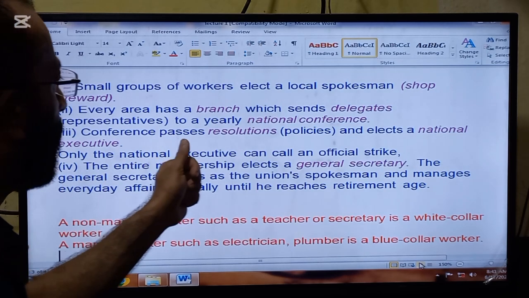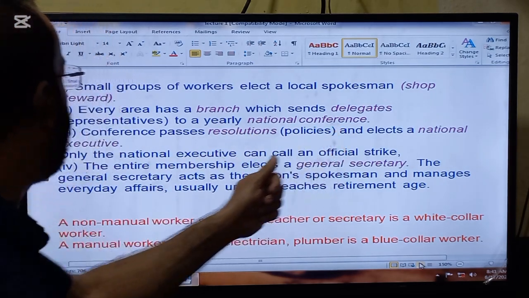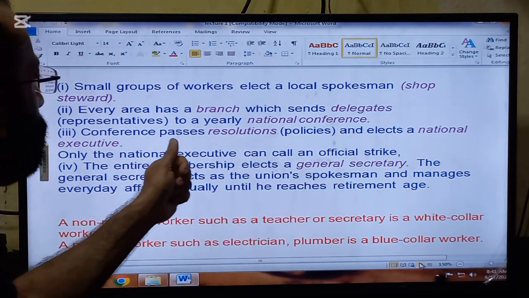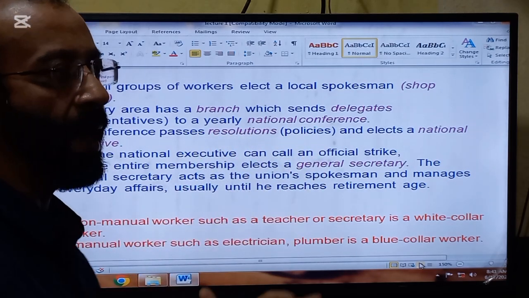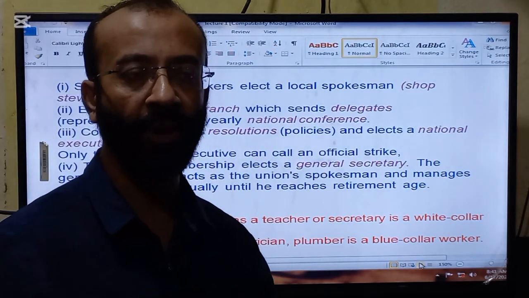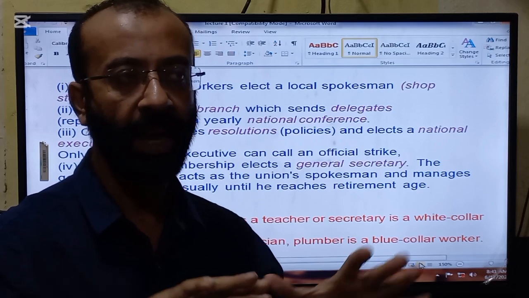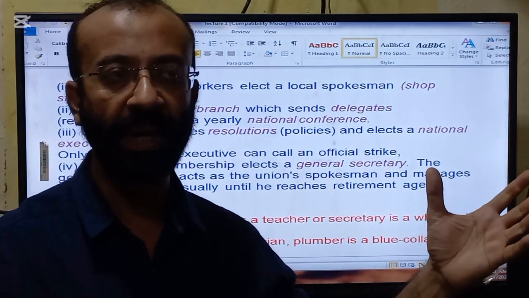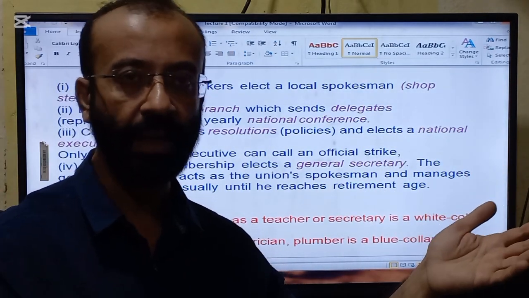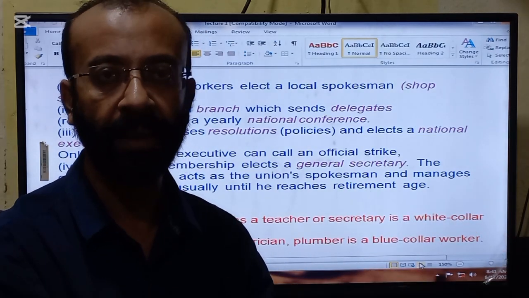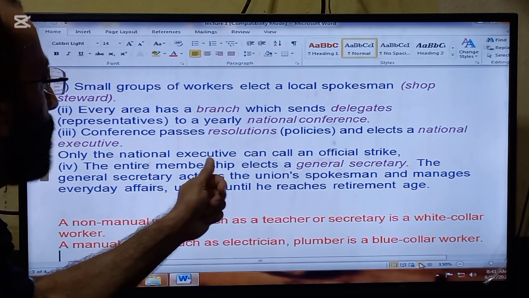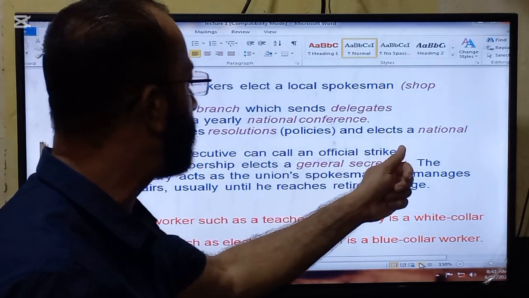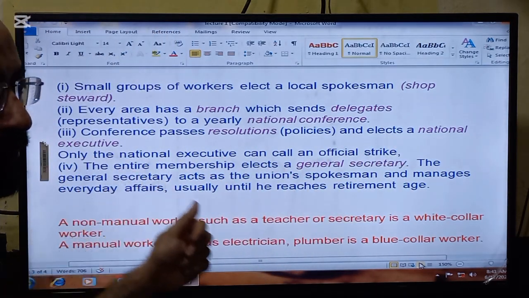Every area has a branch which sends delegates, representatives, to a yearly national conference. Every year a national conference is held and the delegates from different areas of the country come to attend it. The conference passes resolutions and policies, and elects a national executive.